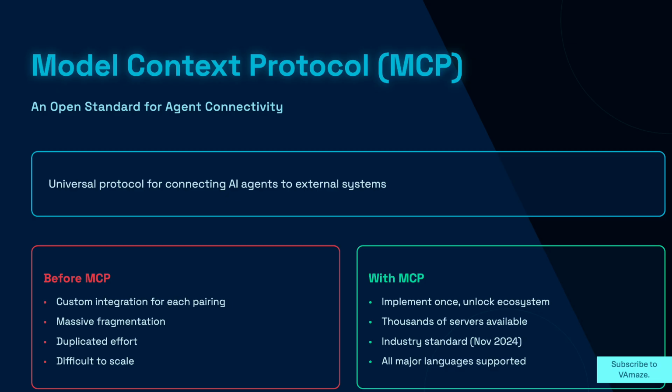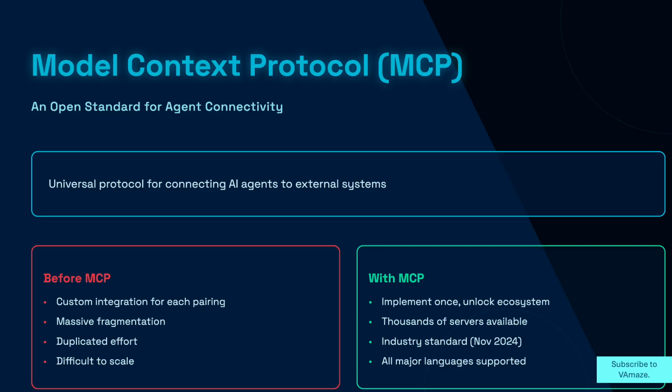What is MCP? First, let me quickly explain what MCP is for those who may not be familiar. The Model Context Protocol is an open standard for connecting AI agents to external systems. Before MCP, connecting agents to tools was a fragmented landscape. Each agent-tool pairing required its own custom integration.